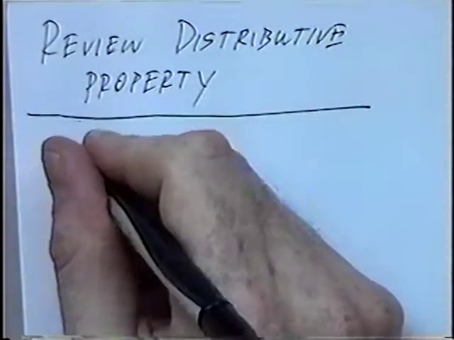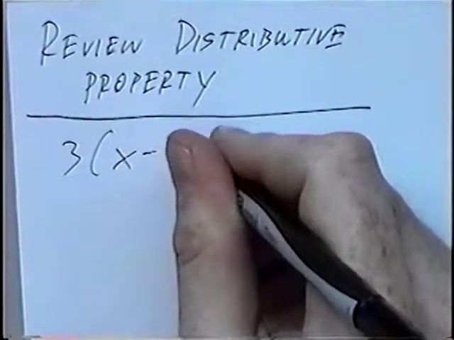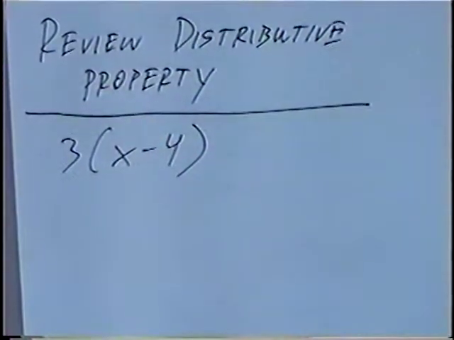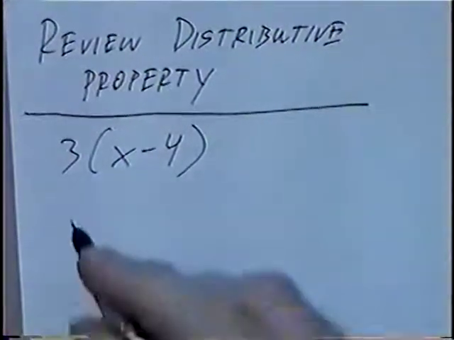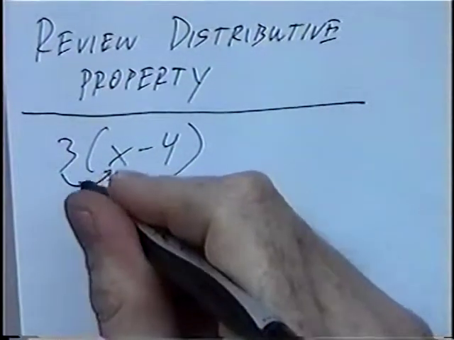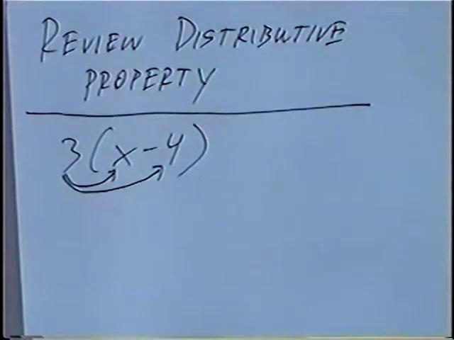First question is 3, and inside parentheses x minus 4. If you remember distributive property, we'll take the number 3 outside and multiply by each variable and each number on the inside of the parentheses.